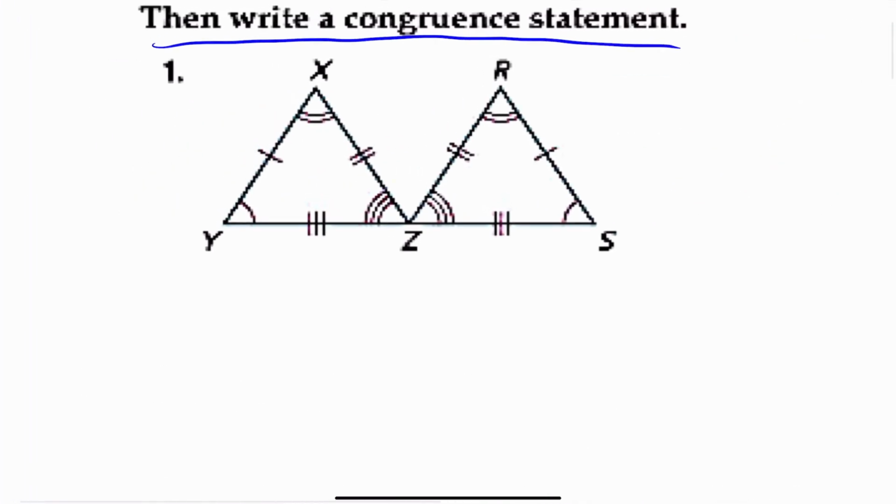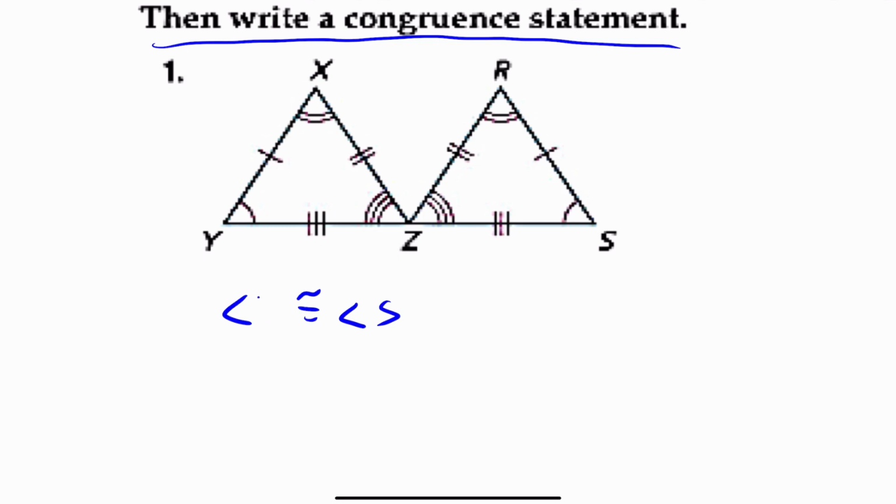So, we can start off with Y because it has 1 arc, and we can see that S has 1 arc, so angle X is indeed congruent to angle S. We know for sure that, what did I say?